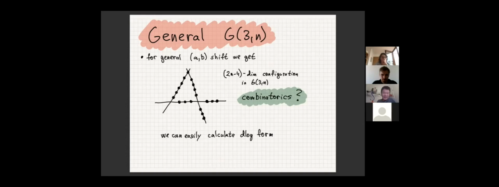I mean, it's not in the positive tropical Grassmannian. But it seemed like maybe the non-positive tropical Grassmannian might be a place to look for that.